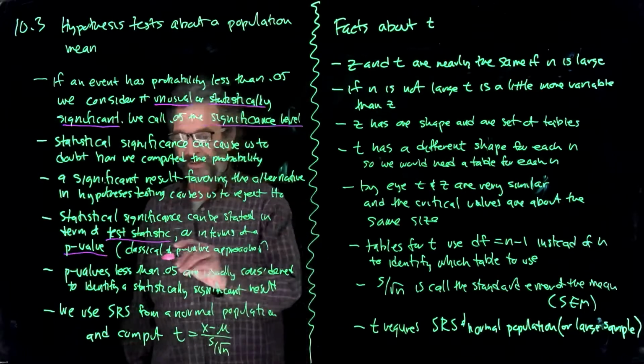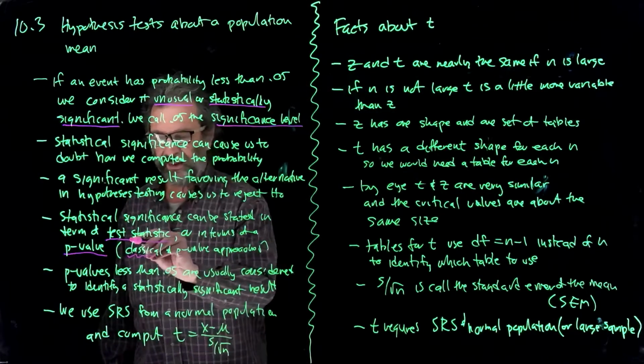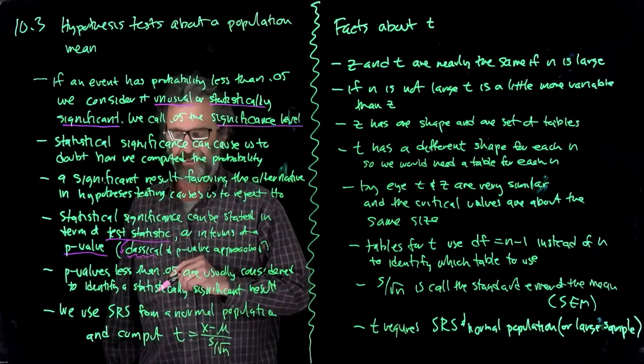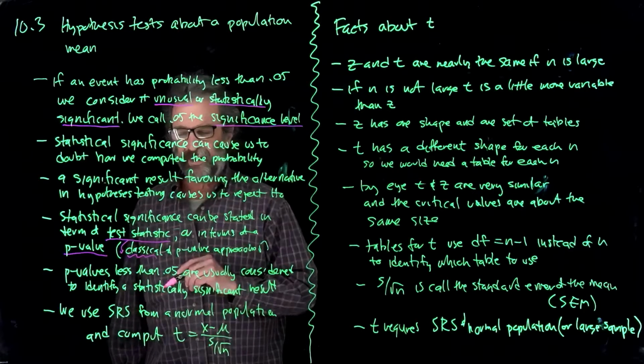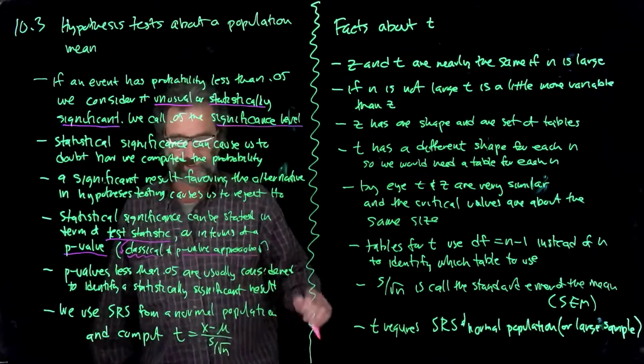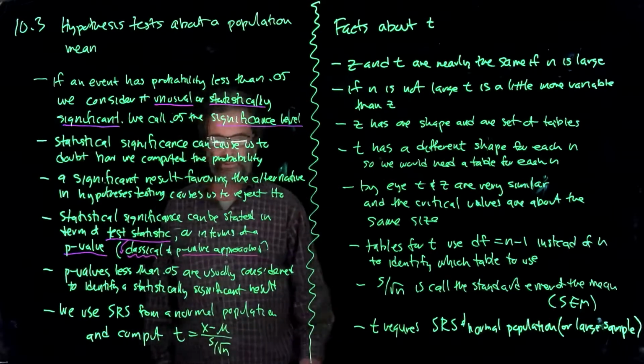Using a test statistic is called the classical approach. So these kinds of values would be considered unusual, so we reject the null hypothesis. Or the p-value approach. So they're called the classical and p-value approaches.